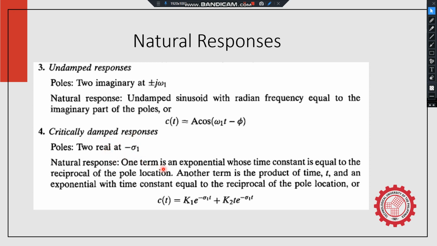So one term is an exponential whose time constant is equal to the reciprocal of the pole location. Another term is the product of time, t, and an exponential with time constant equal to the reciprocal of the pole location, or given by this equation.